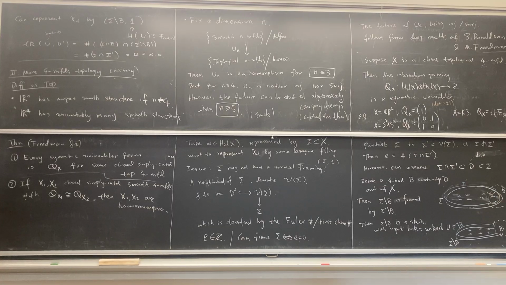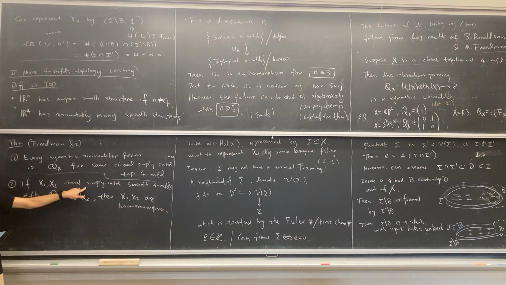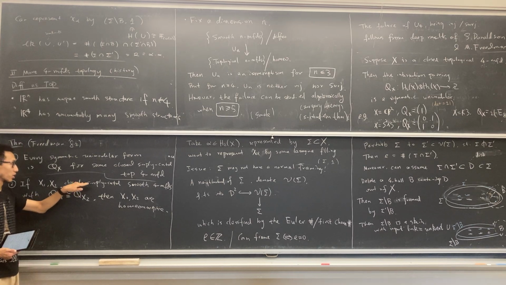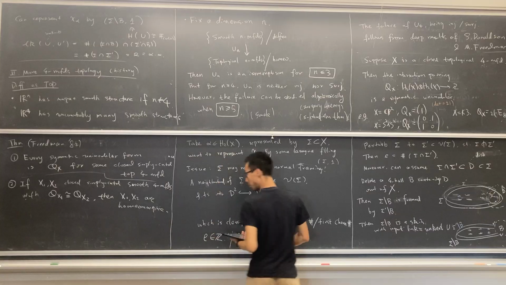Note that a priori, one may not be able to realize a given symmetric unimodular form by a smooth four-manifold. But once you land in the world of simply connected smooth four-manifolds, then this is the only information you get for manifolds up to homeomorphism.